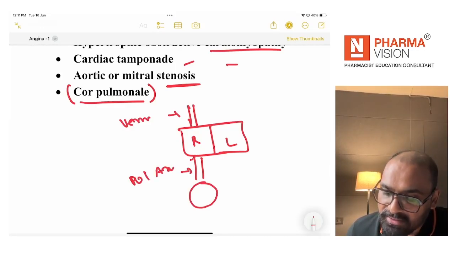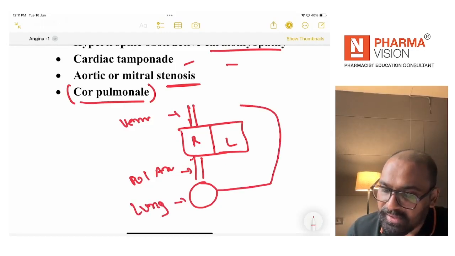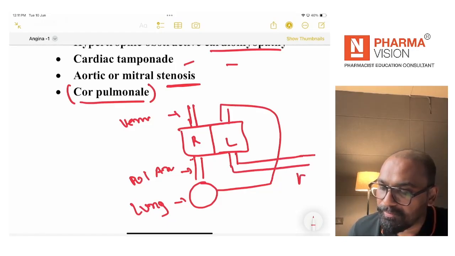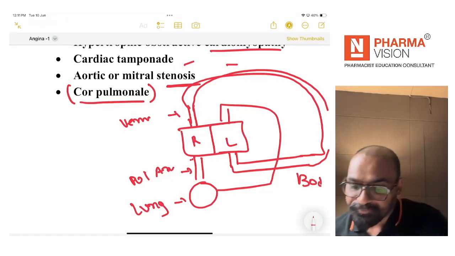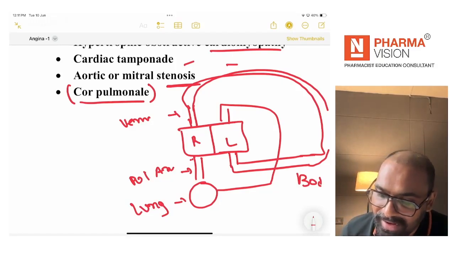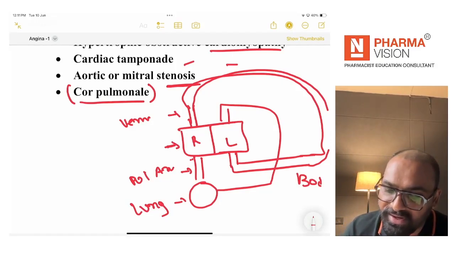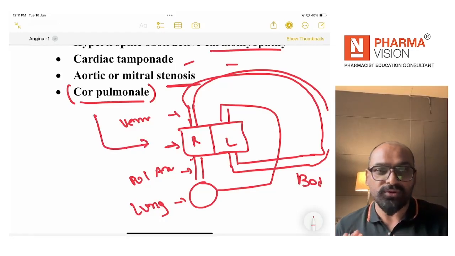This is the lungs. These lungs are connected here, and from here to the body, and this is connected back here. Okay, now we just focus on the right side. To understand cor pulmonale, just focus on the right side.